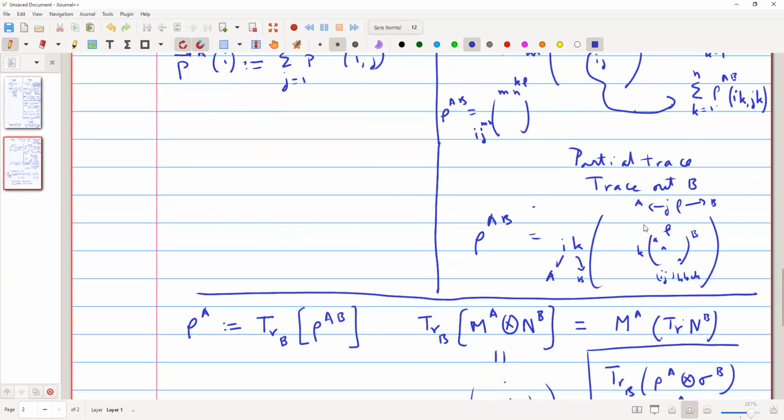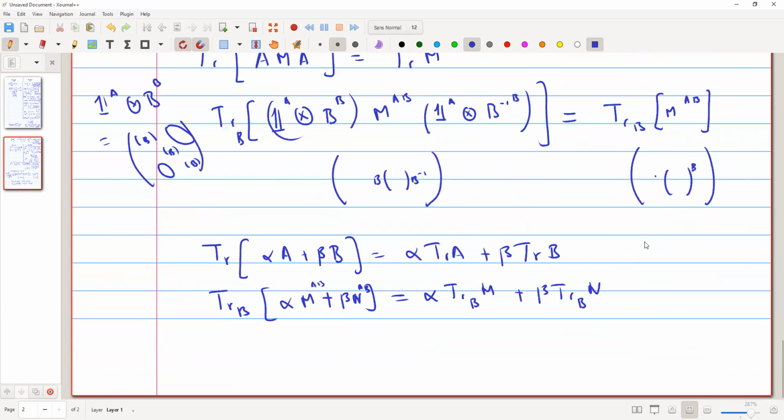So I have to do a similar consideration out here. So that is captured by this fact. What I'm saying is, I have this density matrix rho AB. First I discard B, I trace out B. And now this I was calling rho A. The question is, what is trace of rho A?